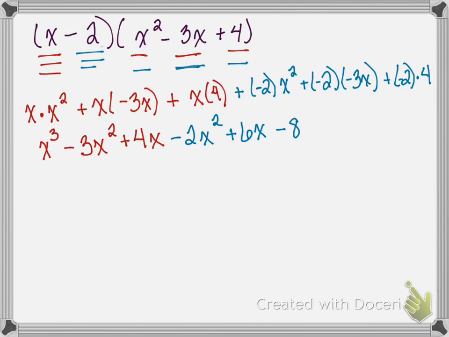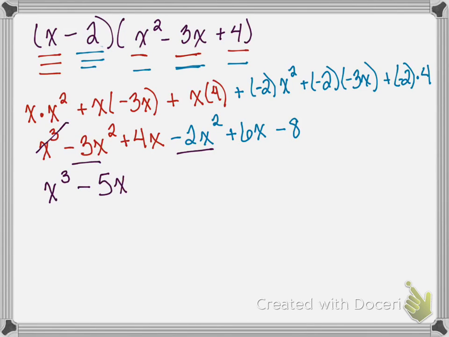Okay? Now, we're not done. What do I have to do next? Combine like terms. So here I've got x to the third. Is there anything that I can combine with x to the third? No. I just have x to the third. Here I've got negative 3x squared and negative 2x squared. What does that give me?